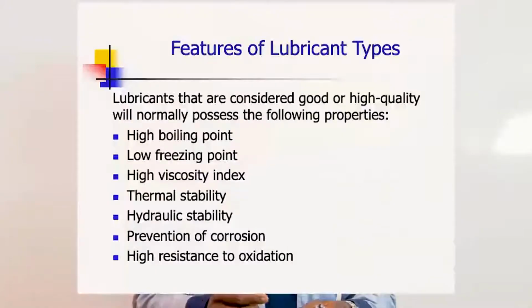The first thing is that every good lubricant must have a high boiling point. The boiling point is the point at which a liquid or a gas begins to boil as it changes from the liquid state into the gaseous state. At that state, it is no longer stable.